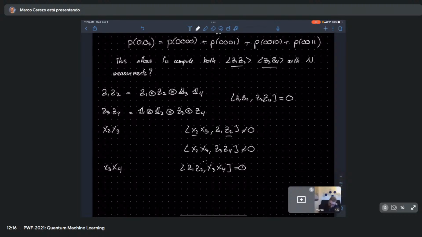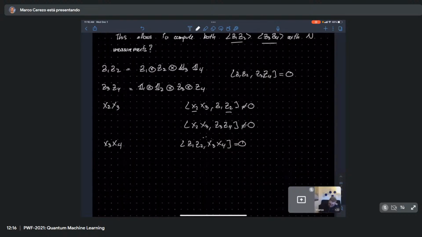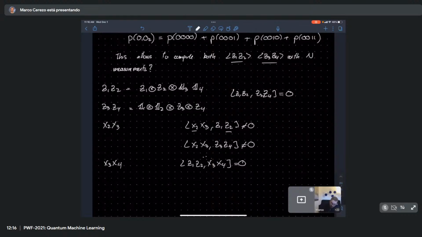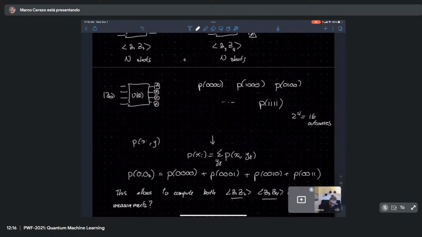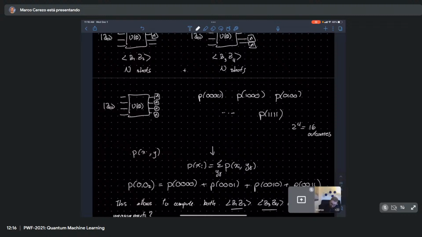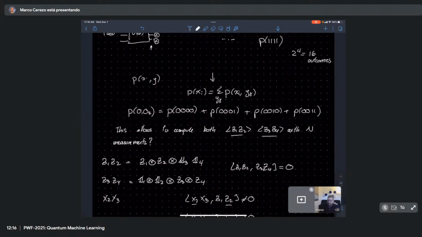The identity in 3 commutes with X, the identity in 4 commutes with X. So if we wanted to estimate both Z1, Z2, and X3, X4, we just do the circuit, but we insert a change of basis measurement right here. So those two are operators that we can simultaneously diagonalize and hence simultaneously get their expectation values.